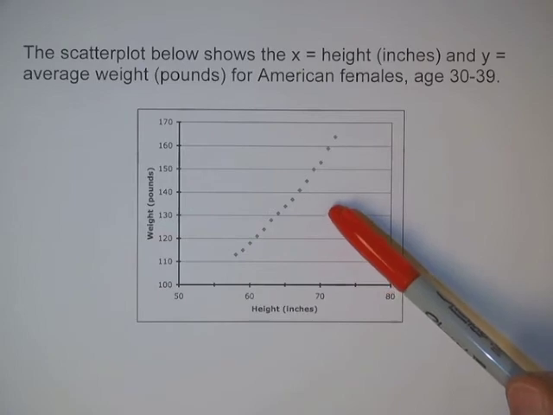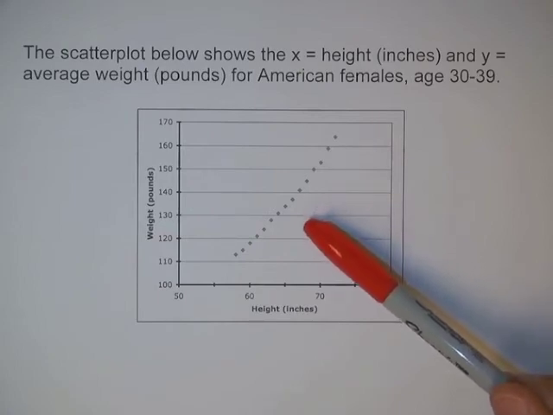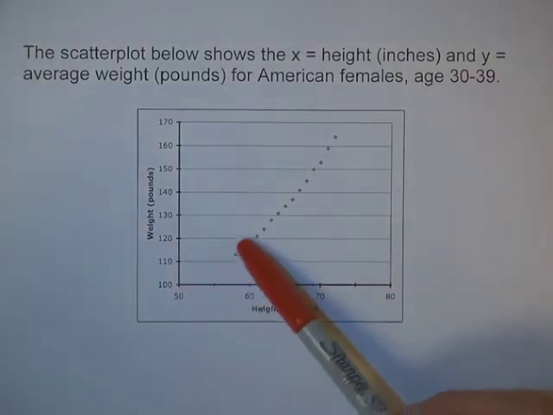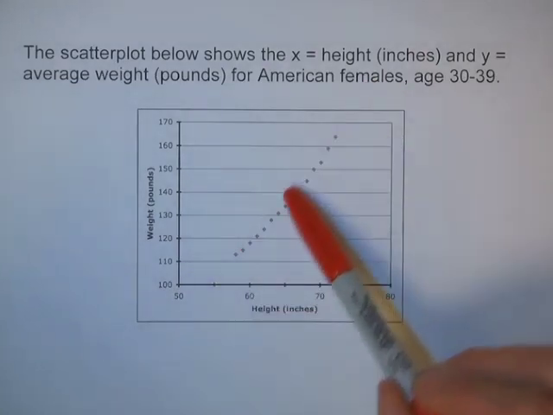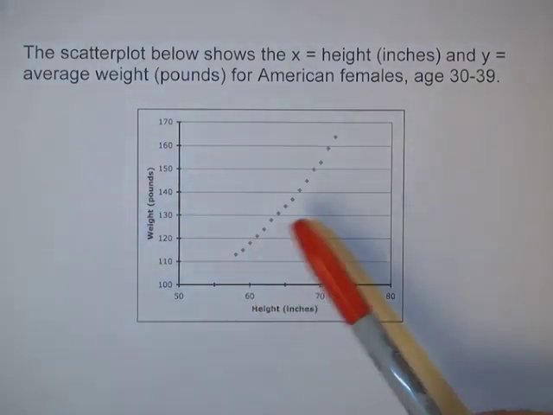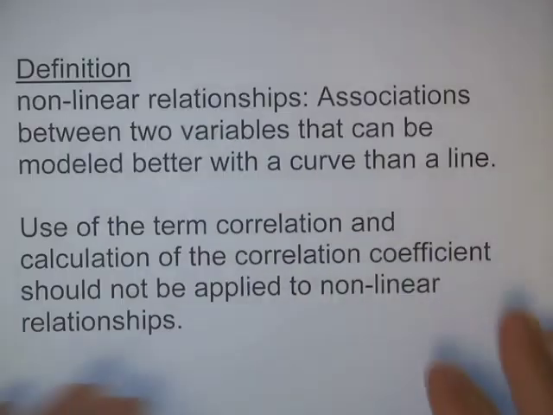The issue is that this is, instead of being linear, probably a nonlinear relationship. We can see that it has a curve to it. It would be better to fit a slight curve than a straight line, so it would not be appropriate to calculate R here.